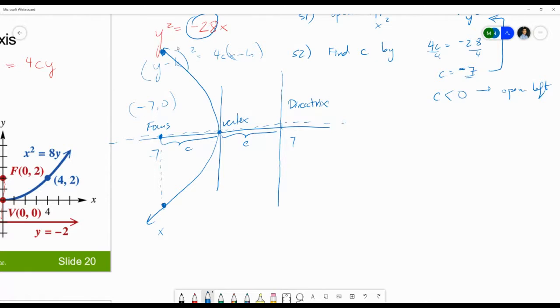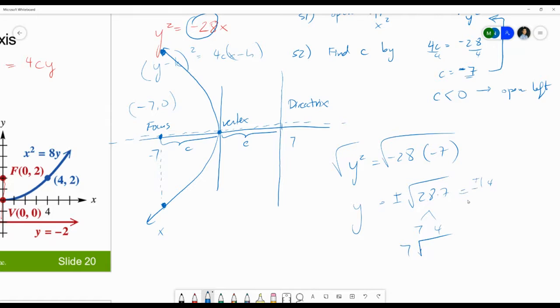For example, y squared equals -28 times -7. If I solve for y, I take the square root, so y equals plus or minus the square root of 28 times 7. 7 times 2 is 14. Plus or minus 14.